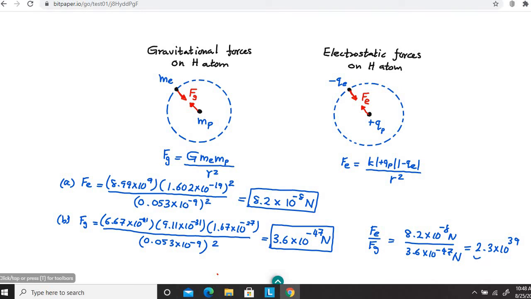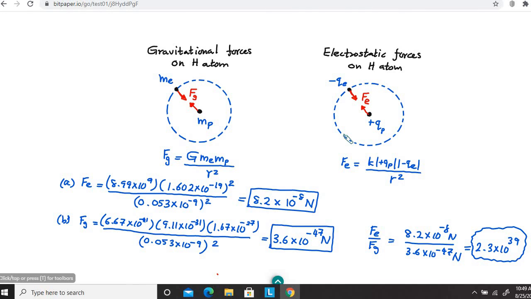So that's this factor. So that means, in terms of the forces inside the hydrogen atom, if we consider that the electron is moving in a circular path, then we can conclude that the electrostatic force is order of magnitude 10 to the power 39 times larger than the gravitational force between the electron and the proton.